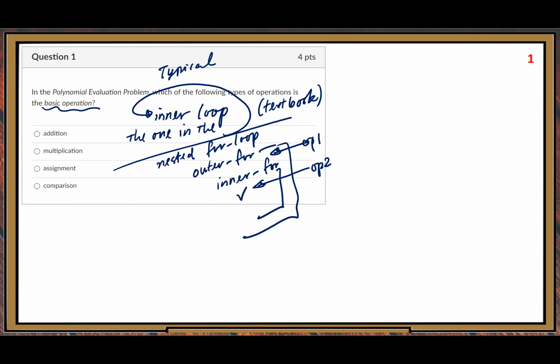Here in our polynomial evaluation, multiplication is the most frequently used.